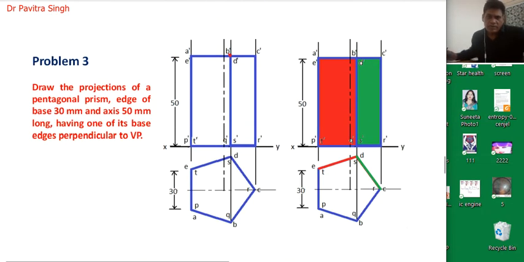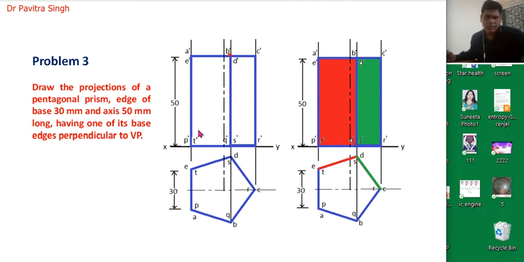So you can see, draw the projections of a pentagonal prism of base 30 mm and axis 50 mm long, having one of its bases perpendicular to the vertical plane. So now we need to draw its projections. So actually this is a pentagonal prism.